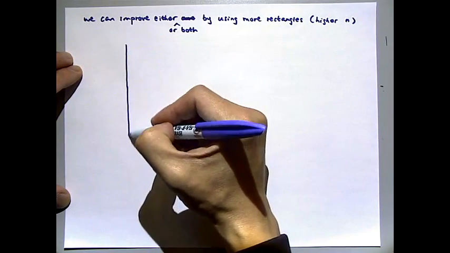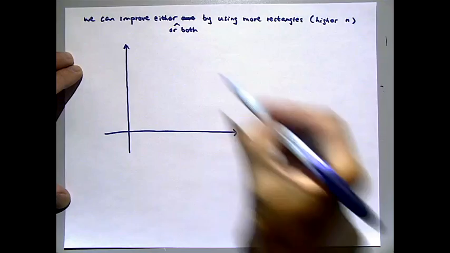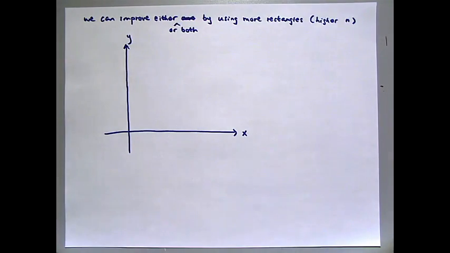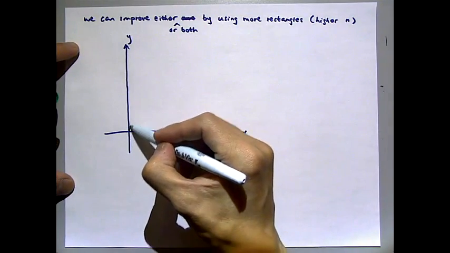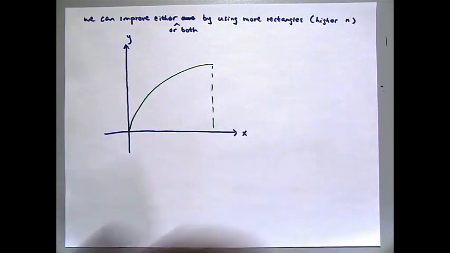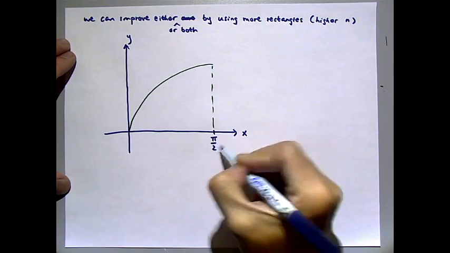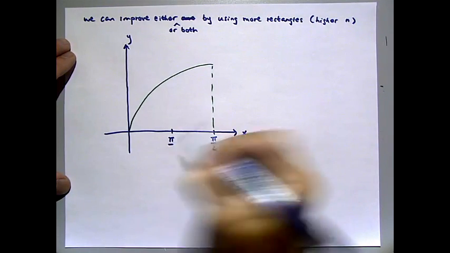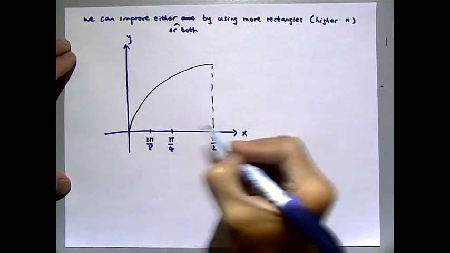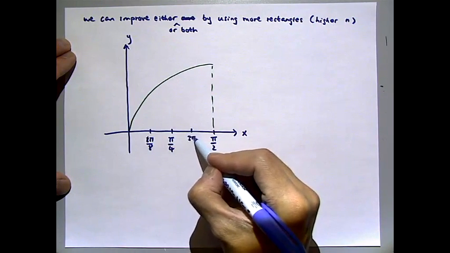Look at the curve that we have been looking at. Still looking at this sine curve here. Let's stick with n equal to 4 for now, with subdivisions at pi over 8, pi over 4, 3 pi over 8.